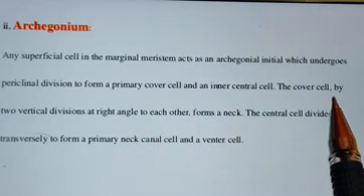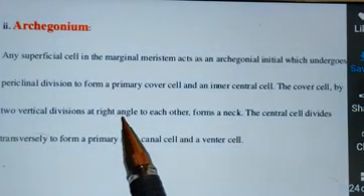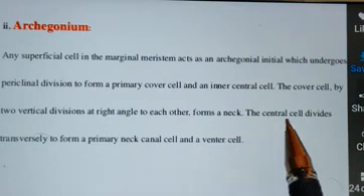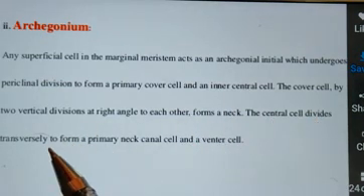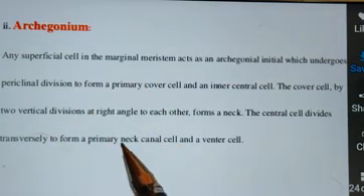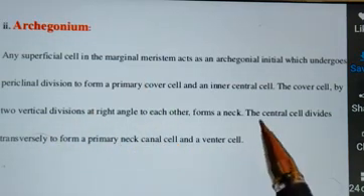The cover cell, by two vertical divisions at right angles to each other, forms a neck. The central cell divides transversely to form the primary neck canal cell and the ventral cell.